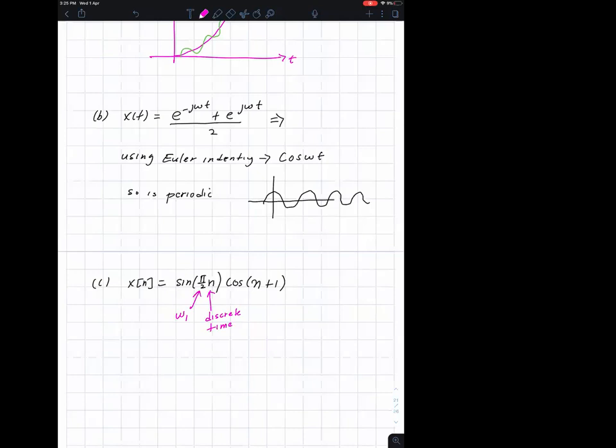Omega 2 is right here, and omega 2 is 1. So this is also another discrete-time sinusoid.